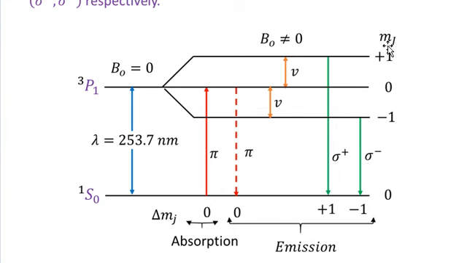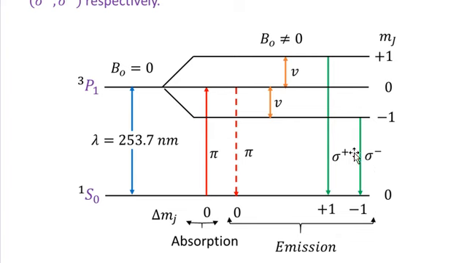So the mj equal to plus 1 level will decay through the circularly polarized light, indicated by the longer green arrow, to the ground state with mj equal to 0. The delta mj for this transition is equal to plus 1.